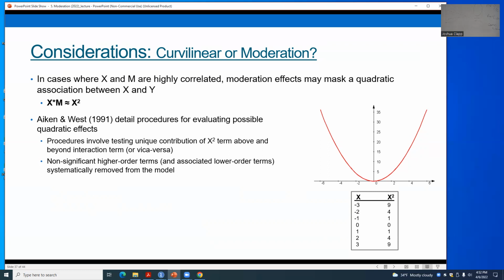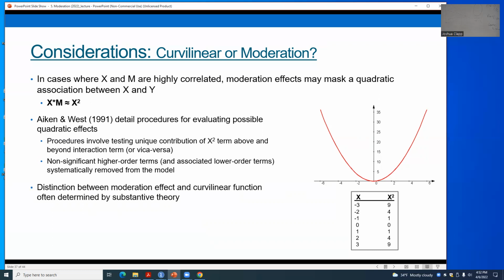What you would do here, in short, would be having a model with X and M first order effects, and then the product of X and M as your interaction, and then maybe include a square term in there as well. Then start removing effects that you don't have evidence for to start to tease things out.